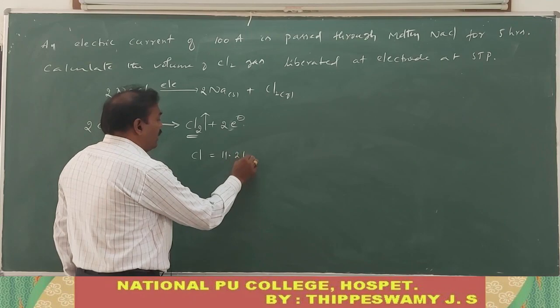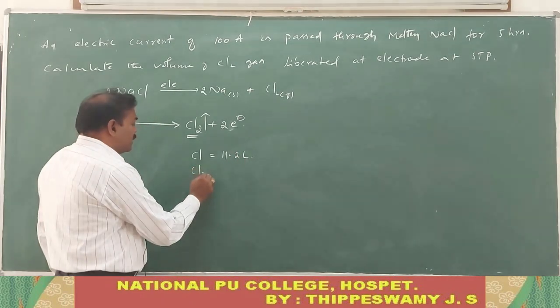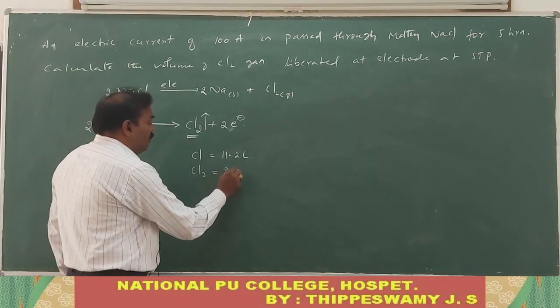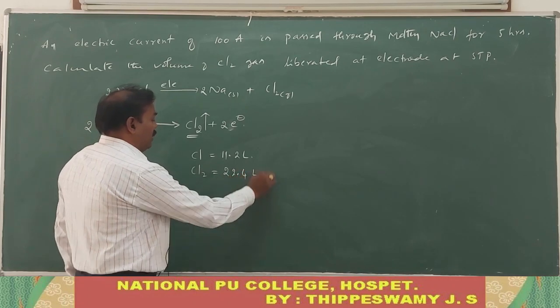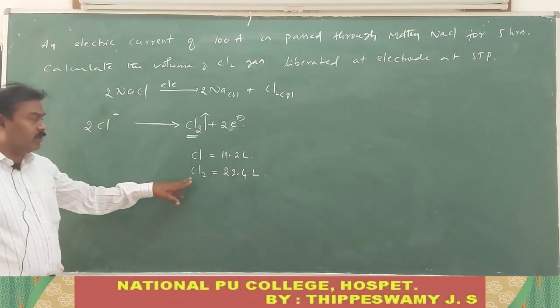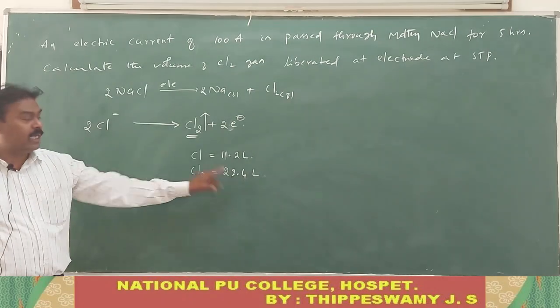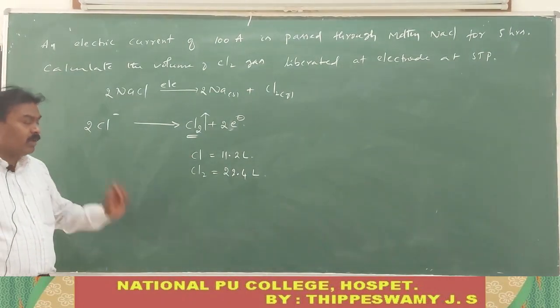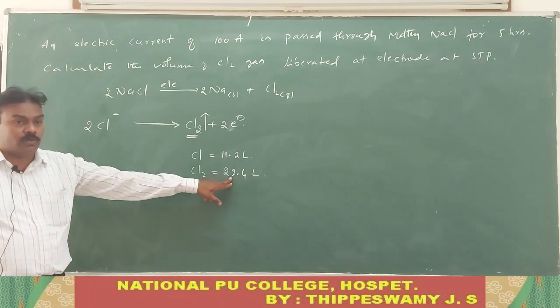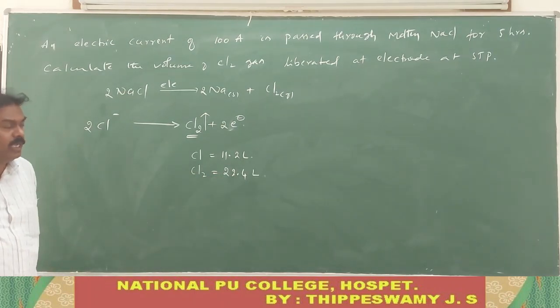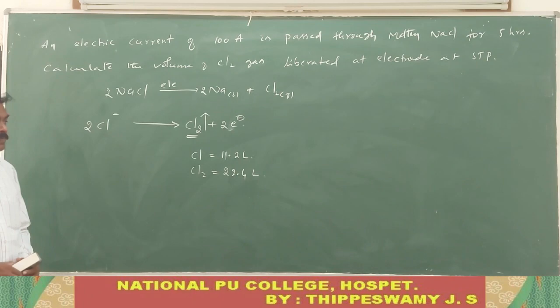If it is chlorine gas like this, then we can write 22.4 liter. This is the volume of the chlorine gas produced at STP. That is, 1 mole of chlorine occupies a volume at STP equal to how much? 22.4 only. Following?